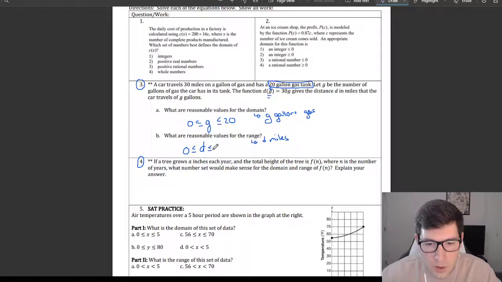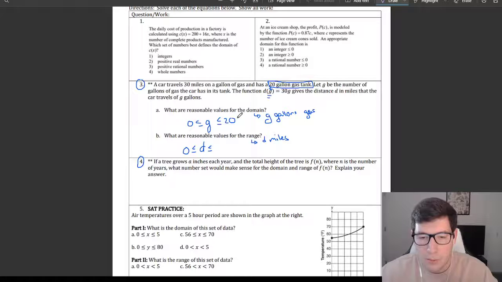But then we come to this lovely issue of, what's the maximum distance that I can drive? Well, I know that we can go 30 miles on a gallon of gas, right? So I can go 30 miles on 1 gallon, and I have 20 gallons.